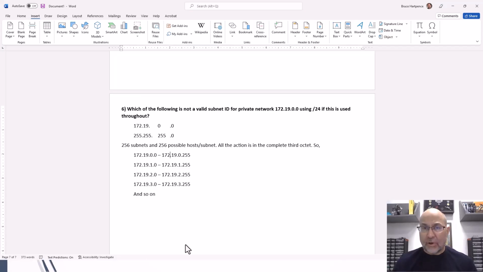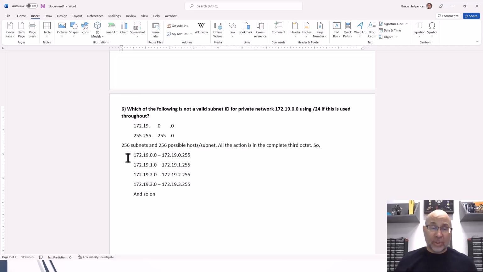Well, if it's in the third octet and we're just counting through that, then we start at the classful address space and then we just go the 1 net, the 2 net, the 3 net, and so on. So the first subnet is 172.19.0.0, and the range of addresses goes up to 0.255. We add 1, and we get the next subnet, 172.19.1.0, all the way up to 172.19.1.255.